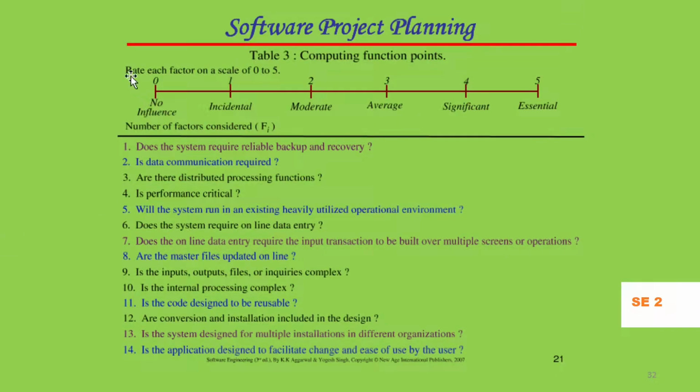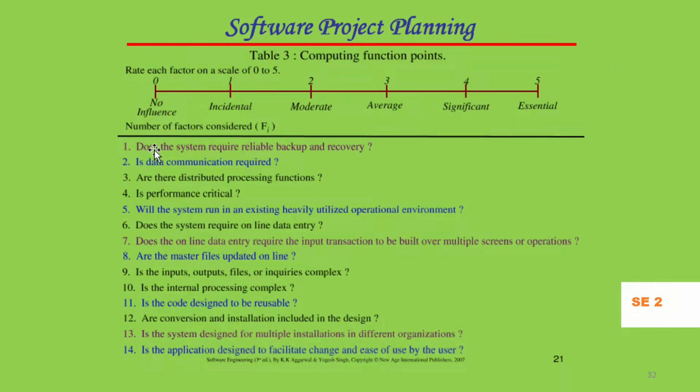This is the rating wherein you're going to ask yourself, or as a software engineer involved in the planning, you're going to be asked if each question is no influence, incidental, moderate, average, significant, or essential, between 0 to 5.